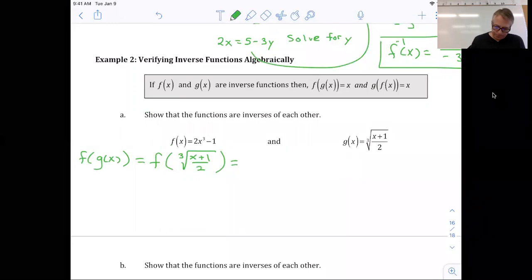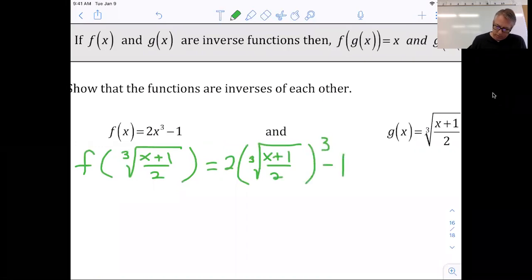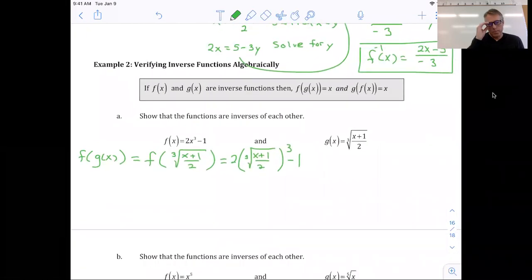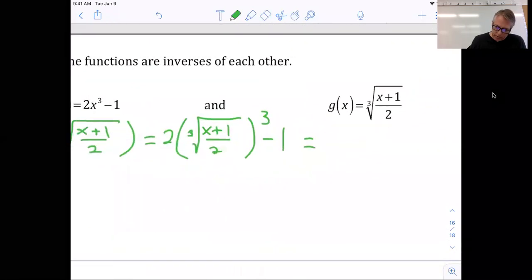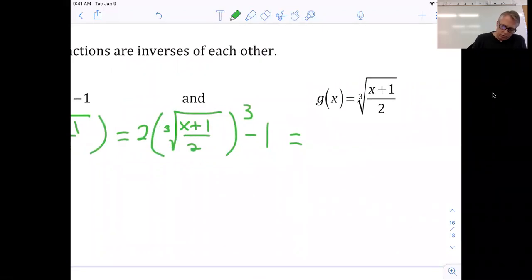Well, when we do that, we get 2 times, so I'm plugging it into here for x, 2 times the cube root of x plus 1 over 2, cubed, and then minus 1. And we want to simplify that. Well, when you simplify that, you have a cube root of something cubed.